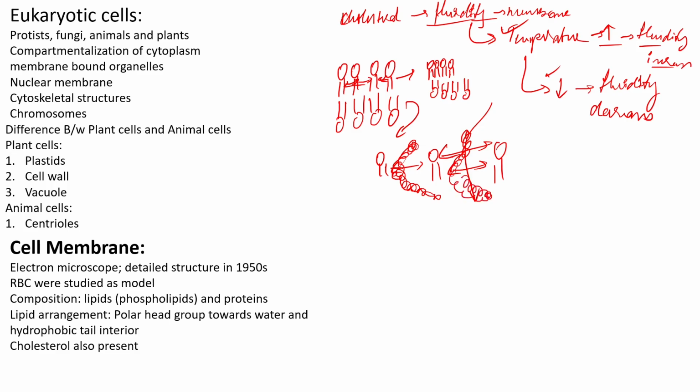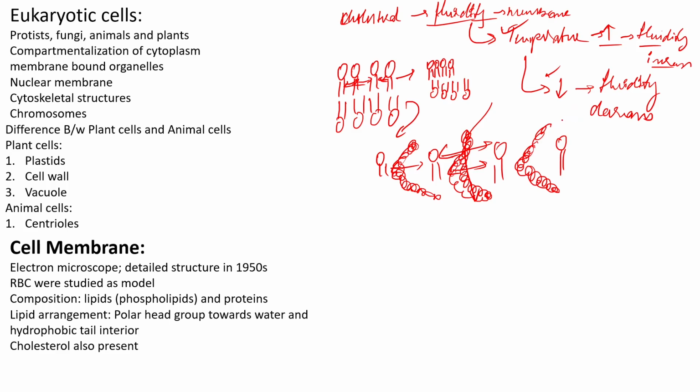Assume that this is a molecule of cholesterol that I am drawing over here. These molecules of cholesterol will sit in the increased gap between the phospholipid molecules. As a result, the fluidity is brought back to normal, even though the temperature is increased.